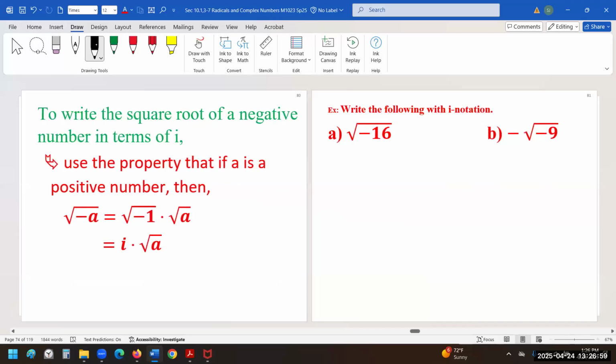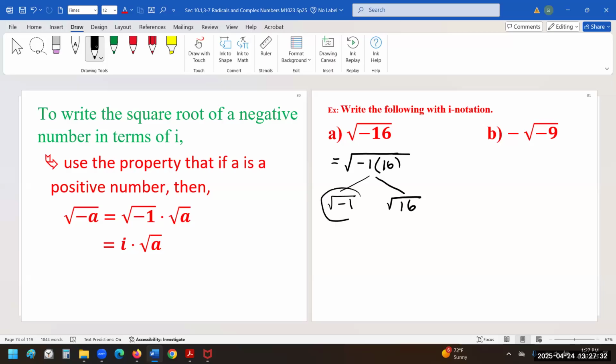For example, square root of -16. -16 is not real under the square root. So we break it into, but before that, we do know that -16 is -1 times +16. That's why we can split them into two pieces. One is square root of -1 and one is square root of 16. The -1 is unreal. It turns into i.